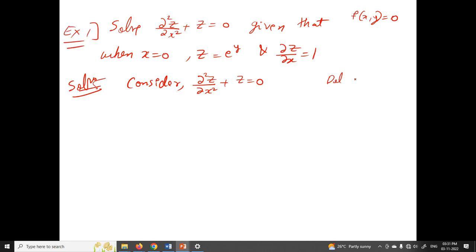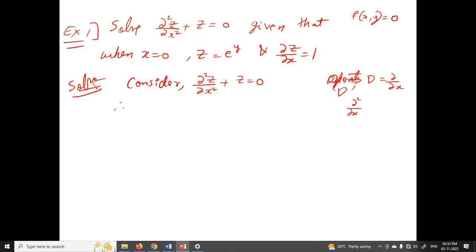Del is nothing but differentiation: D = ∂/∂x. So now I say I'm going to operate D. So D is nothing but d/dx. So just simplify this.